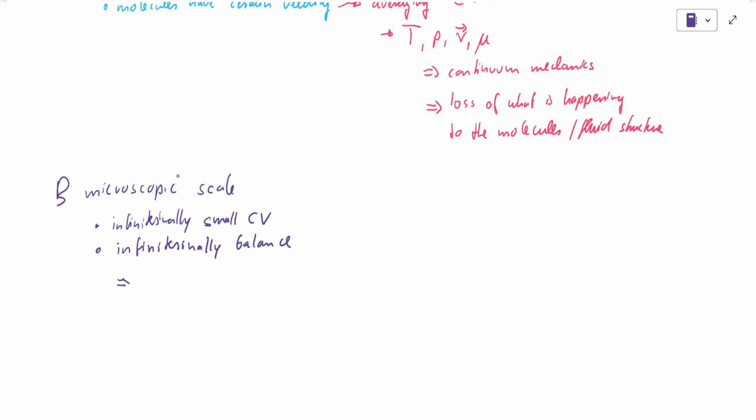So that means that here we have a lot of molecules in the control volume, so we can use continuum mechanics.